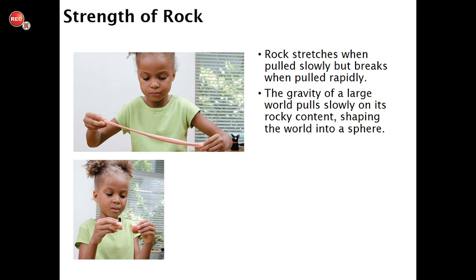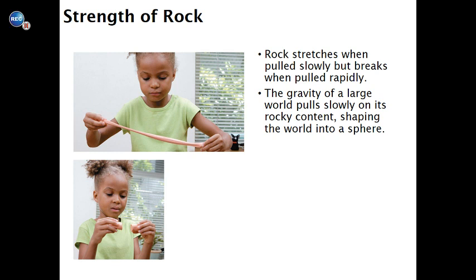Right? And that's a matter of whether you're pulling it fast or slow. Gravity tends to be a force that can act very slowly, and it can deform rocks, and basically it forces large enough planets to be spheres. If the gravitational force is small, like on an asteroid, you just get a potato shape. The material strength is high enough to just hold it in shape.